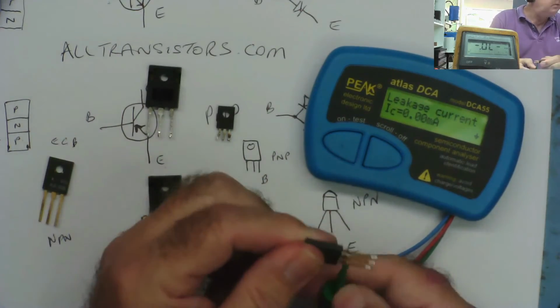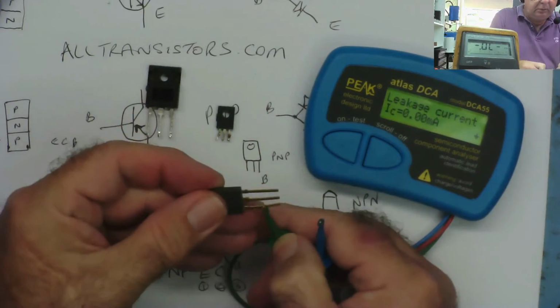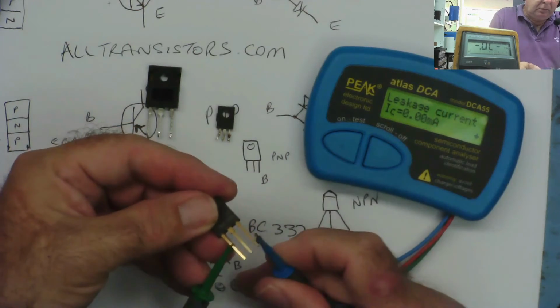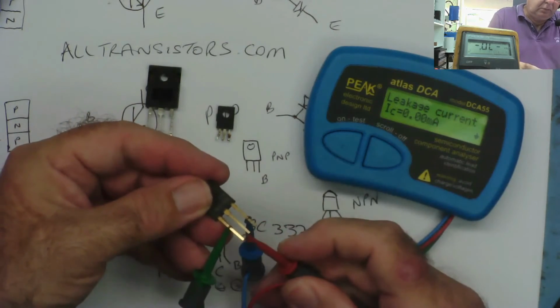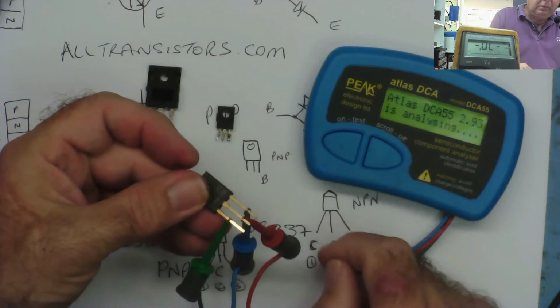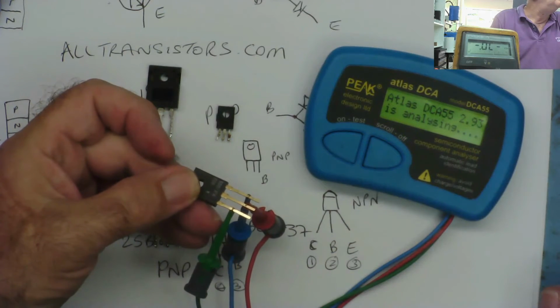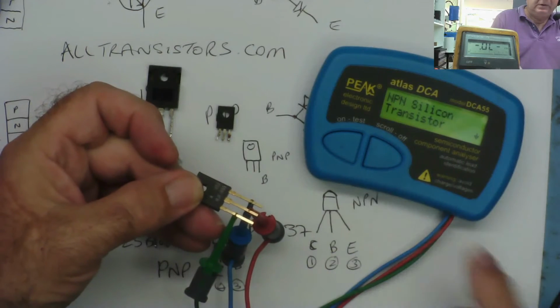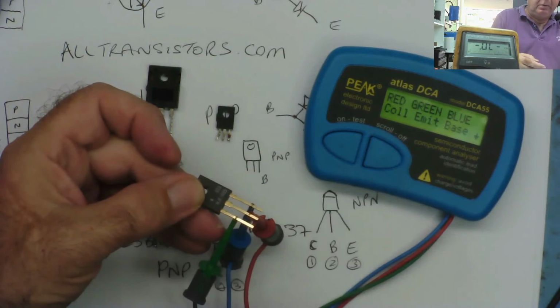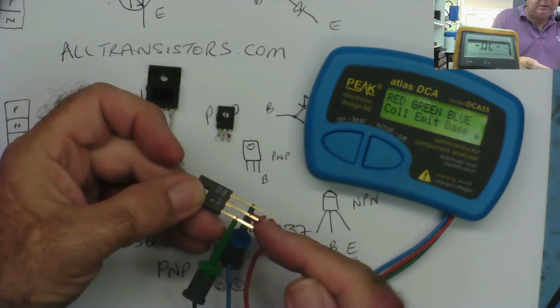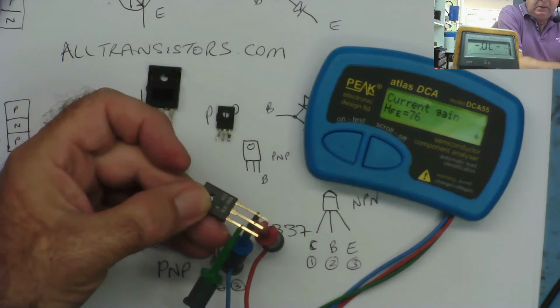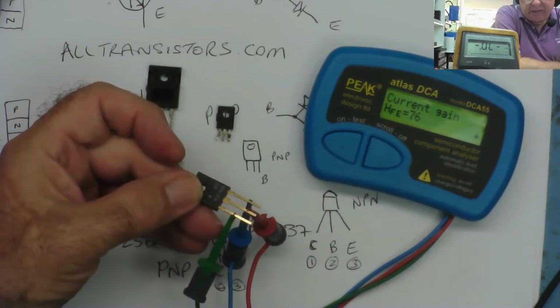Three left, eh? Let's look at this one. Again, connect it the same way as the other one. NPN transistor. Again, blue is the base, green's the emitter, red is the collector. 76.